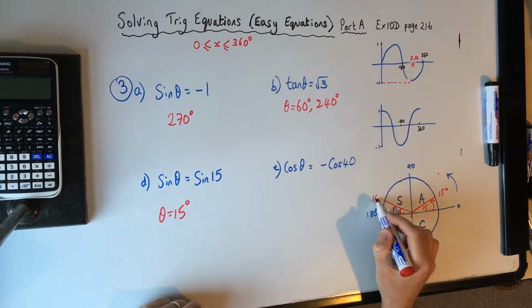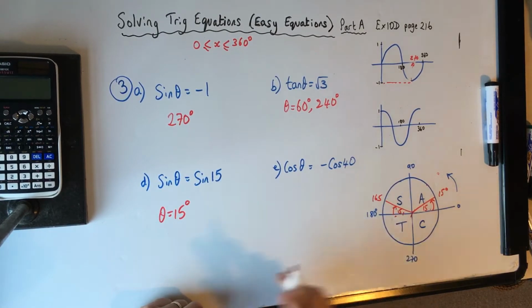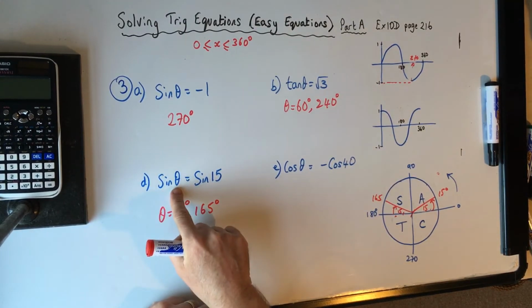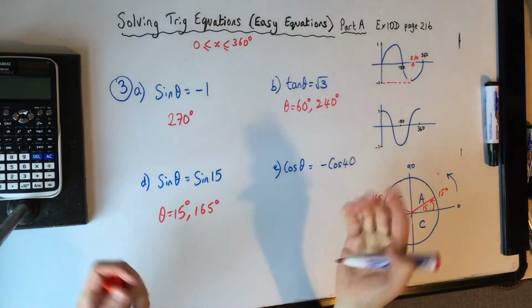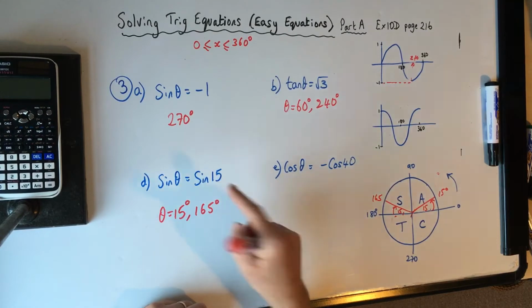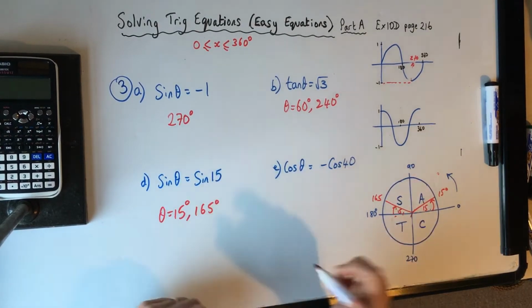And that, of course, is 165, turning back 15 degrees from 180. So if you put the sine of 165 or the sine of 15, it gives you the same thing on the calculator.